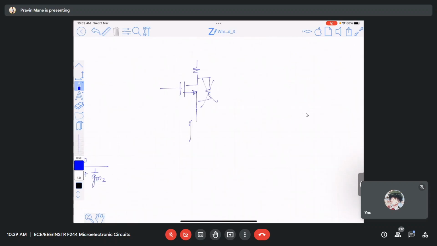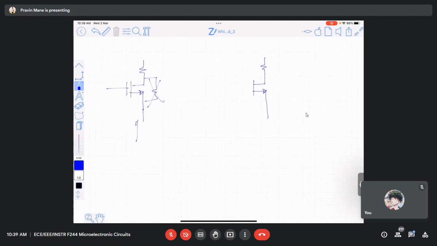When I look from here, you should understand this. Suppose this is my configuration, and you are saying M2. I am looking from the source terminal of it. What is the resistance? Should I draw the small signal model for M2? So 1 by GM2 would be the resistance.